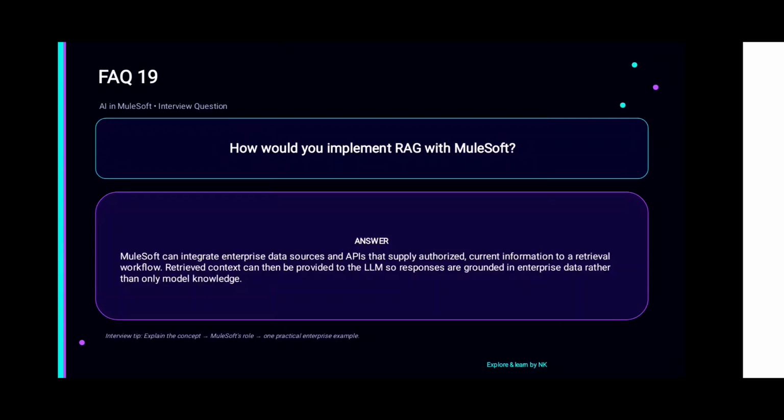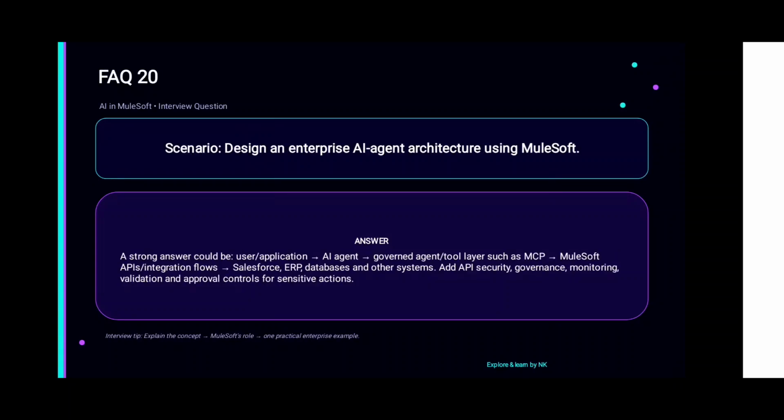So how do you implement RAG with MuleSoft? MuleSoft can integrate enterprise data sources and APIs that supply authorized current information to a retrieval workflow. Then the retrieved context is provided to the LLM, so responses are grounded in enterprise data rather than only model knowledge, right?